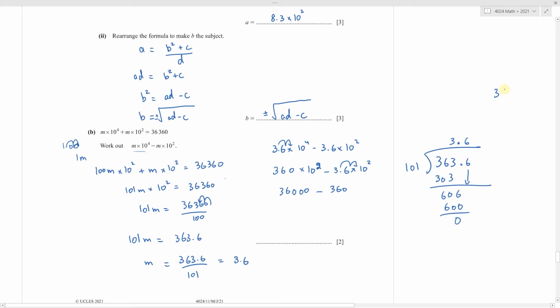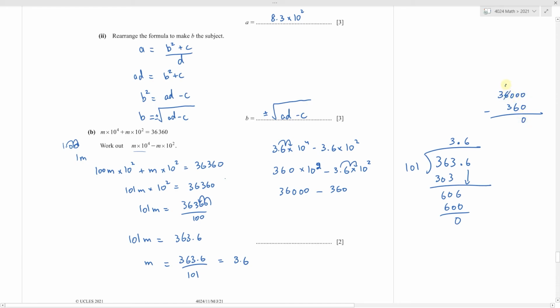So 36,000 minus 360. I'll carry this here and then have to carry one further. So this will be 9, this will be 9 as well, and this will be 10. Oh, in fact, no, I made a mistake here. So again, let me write it down. 36,000, 0 minus 0 is 0.